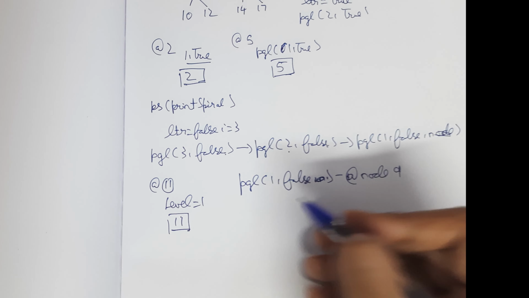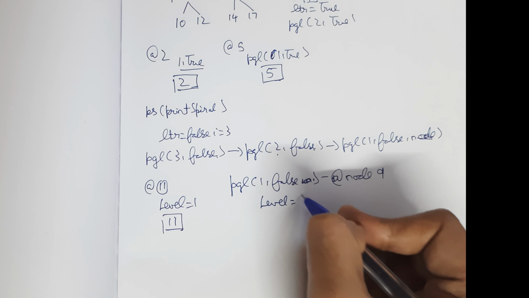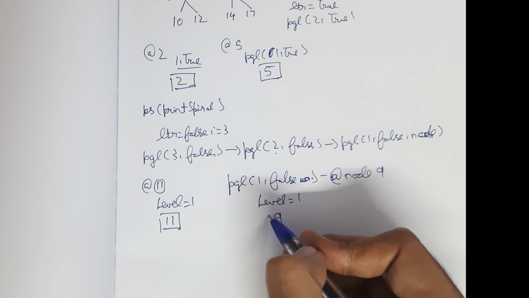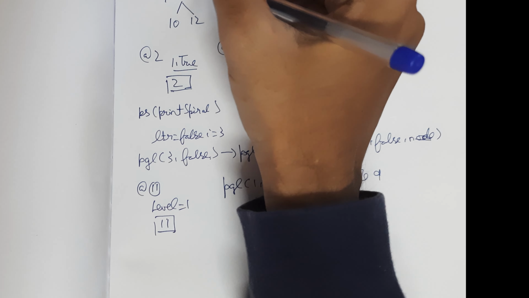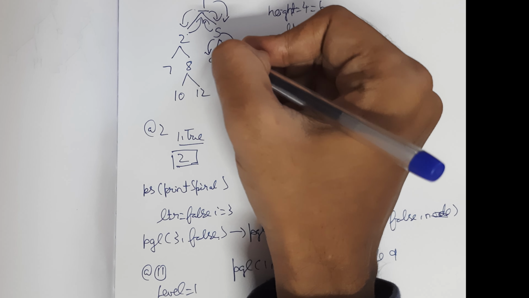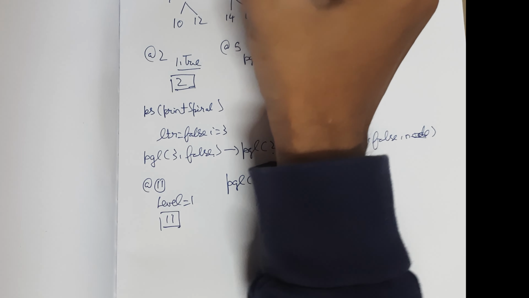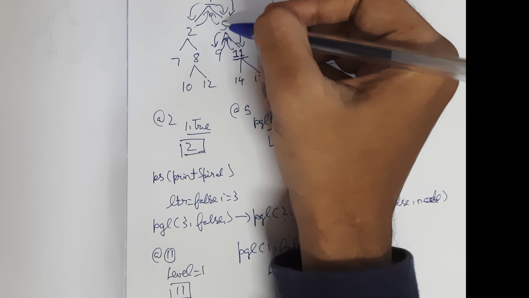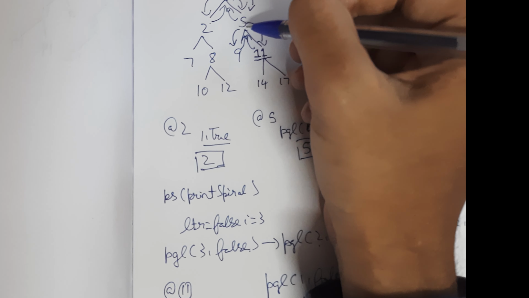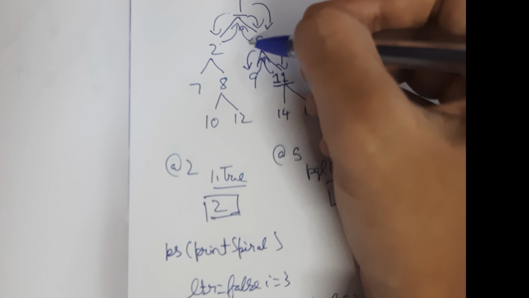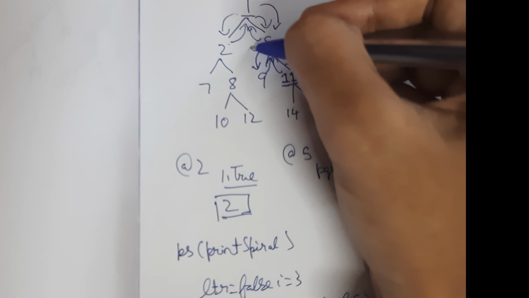At node 9 we have the level as 1 and the value that's going to be printed is 9. So we again go back to node 5. After going back to node 5, we know that we have traversed everything. So node 5 again passes its control back to the previous node, which is node 1.